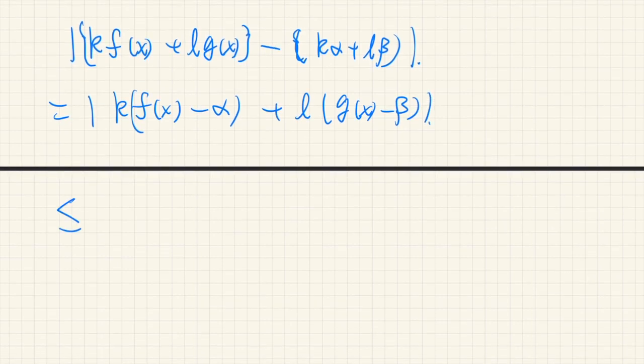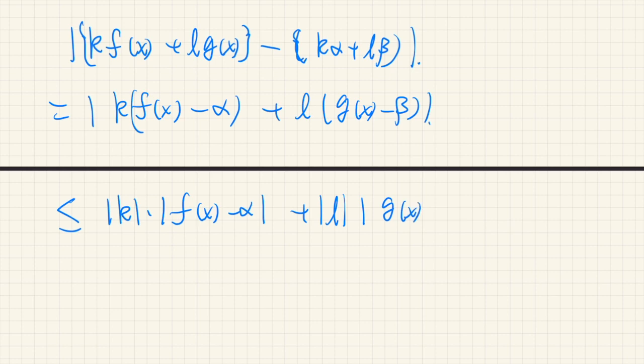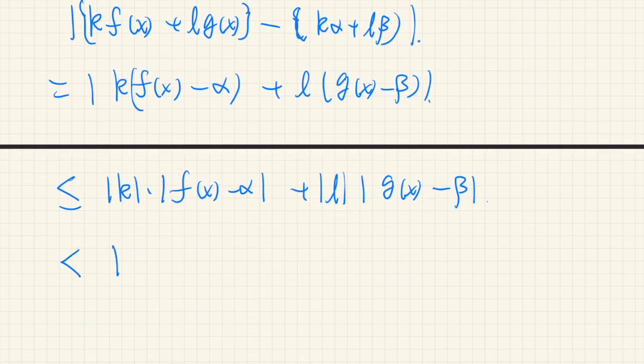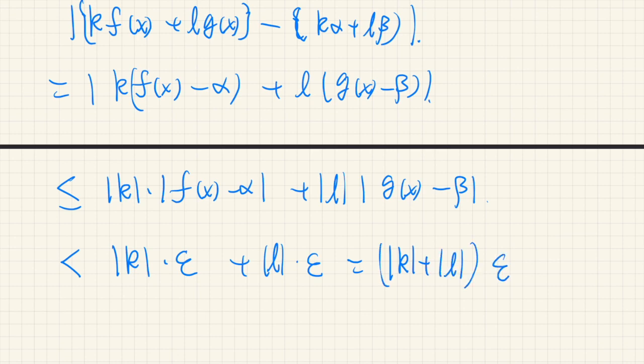Using the triangle inequality, we have the absolute value of k times f of x minus alpha, plus the absolute value of l times g of x minus beta. But we have these two inequalities, so this is less than absolute value of k epsilon plus absolute value of l epsilon, which is the absolute value of k plus the absolute value of l, times epsilon.